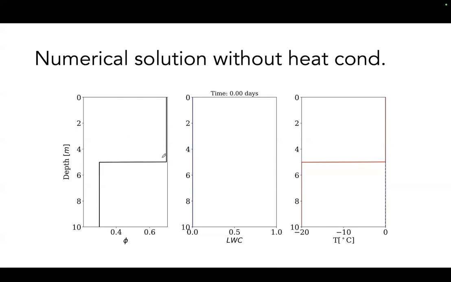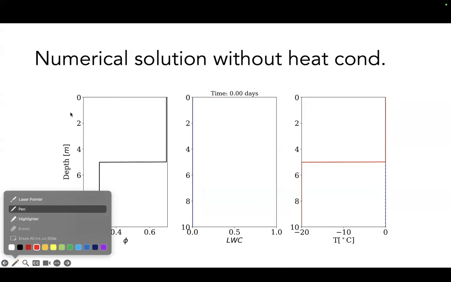There is a change in porosity from 70% to 30%, and the jump is at 5 meters. It is initially dry, but you supply 40% liquid water at the surface, so you will see a 40% liquid water wetting front coming down. And then there is a change in temperature. Initially, the temperature up to 5 meters is 0 degrees Celsius, and below 5 meters is minus 20 degrees Celsius.